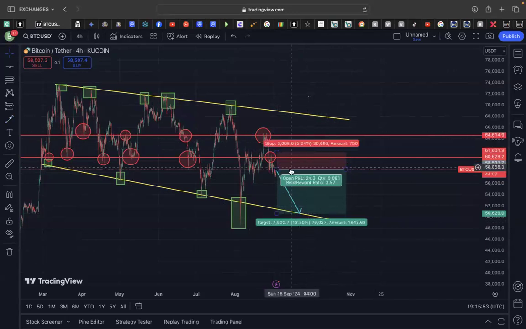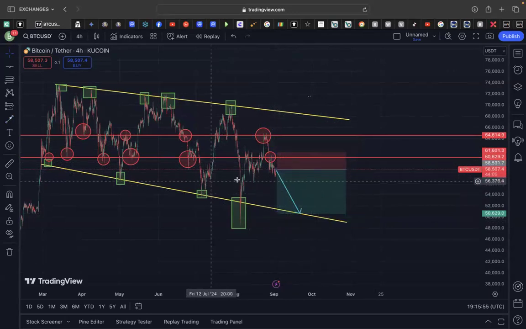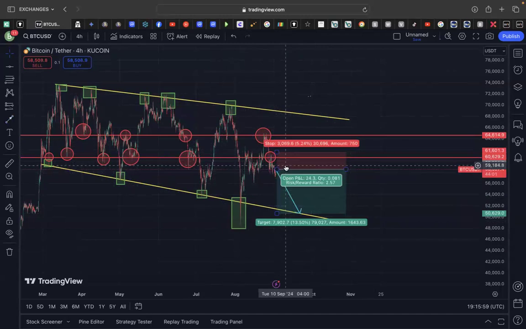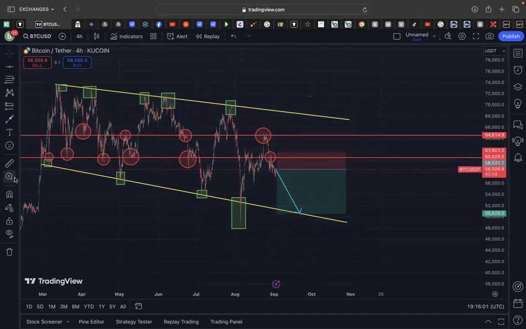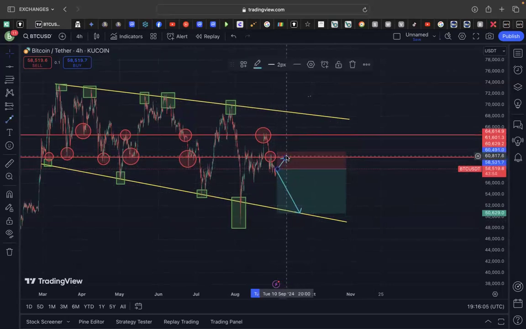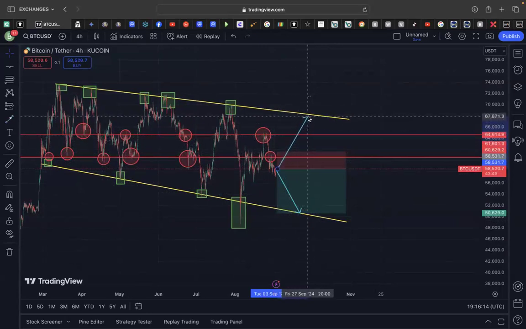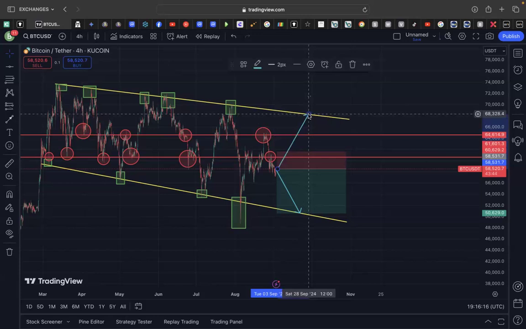But if we are able to break above 60,000 right here, then we might go even higher, test 64,000, and finally test this resistance up here.